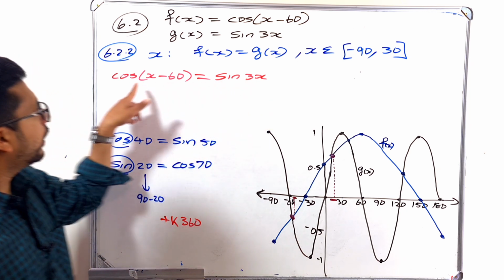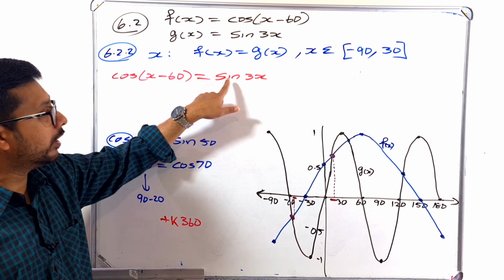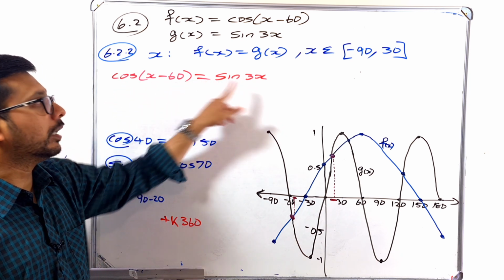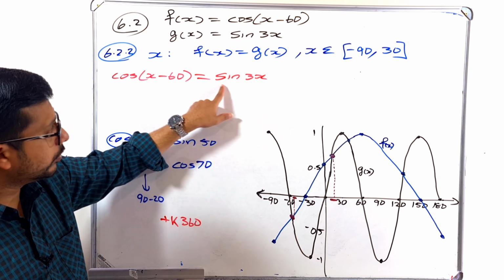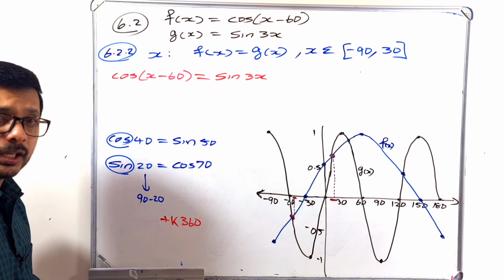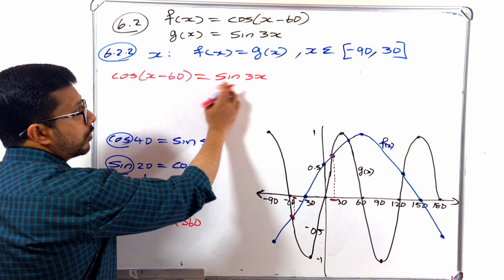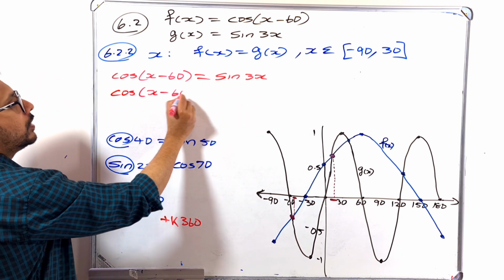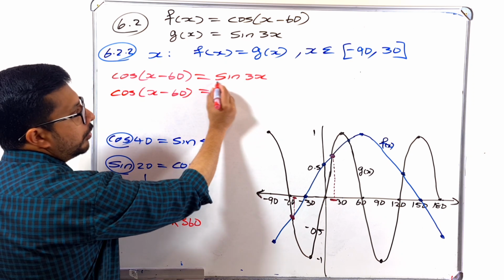So look at this one. Sine 3x. Here I have a cos. So if I get a cos on both sides, then I can say that these angles are equal. So I'm trying to get cos here. How can I write cos here? Okay, let's write this one. Cos of x minus 60 is equal to, I want to write cos here.